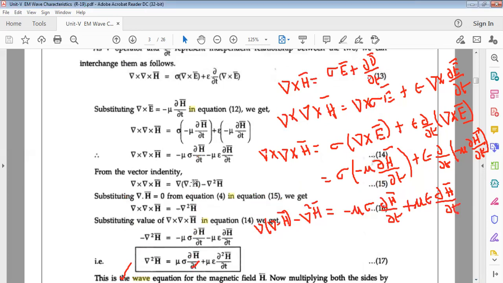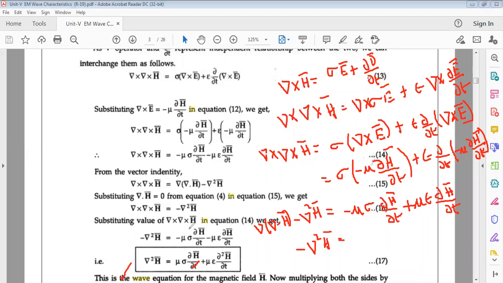So del cross del cross H bar is equal to del of del dot H bar minus del square H bar. We know del dot H bar and del dot E bar are both zero. Now the first term here is 0.